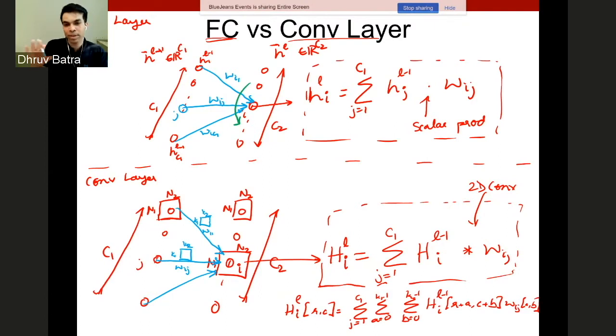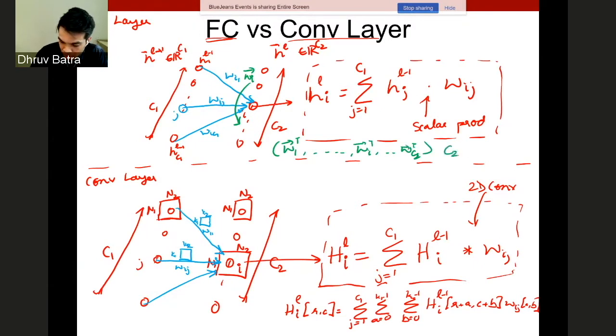All the parameters associated with the ith output neuron, I can group together and call them the Wi vector, right? And this is what we've been doing. There's a W1 vector, and we've been using them as transposes to form a matrix. There's a Wi vector, and there's a WC2 vector, right? So that's how many of these vectors there are.